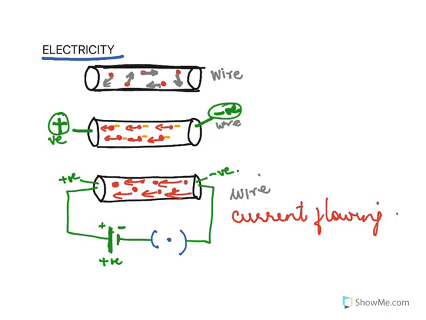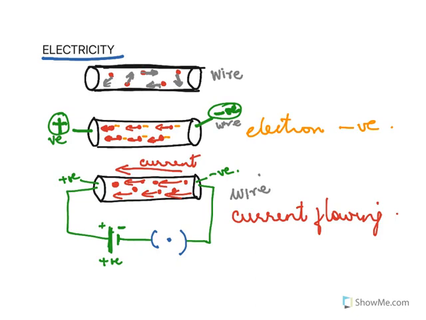Because the electrons were negatively charged, they all begin to rush towards the positive potential. And hence, a current was now established in the wire.